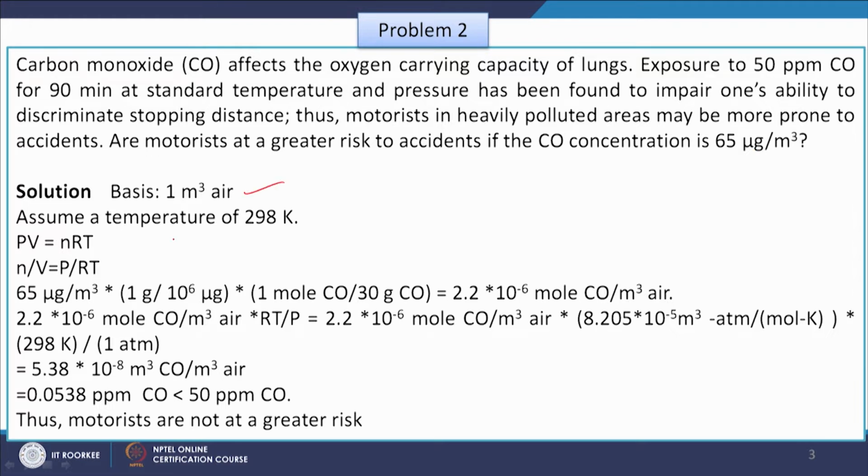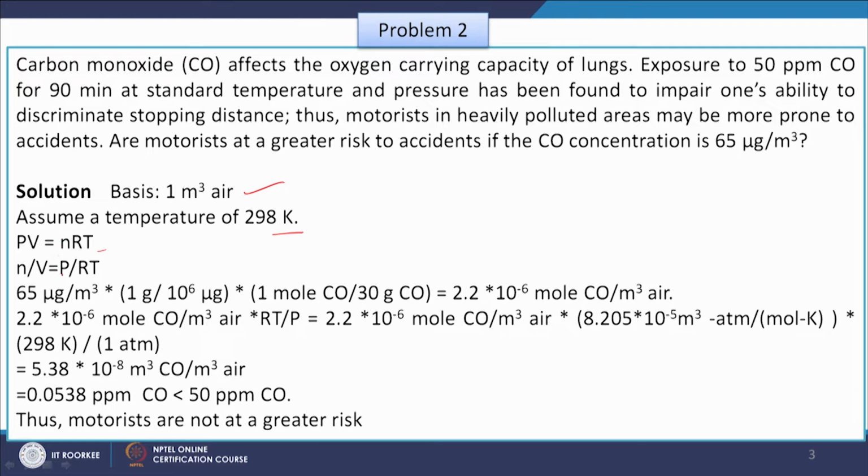So, assume a temperature of 298 K. So, 25 degree centigrade we are assuming as ambient temperature. So, PV equal to nRT. This formula we will use to calculate the n value, or n by V is equal to P by RT.